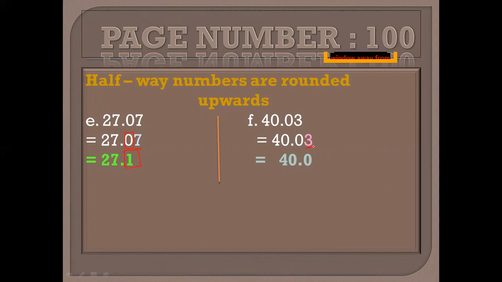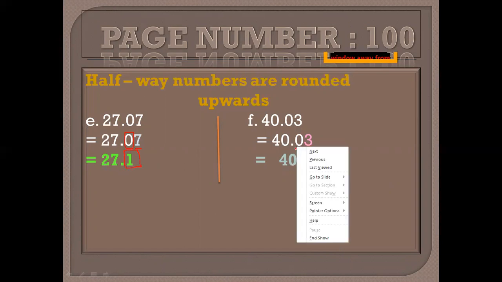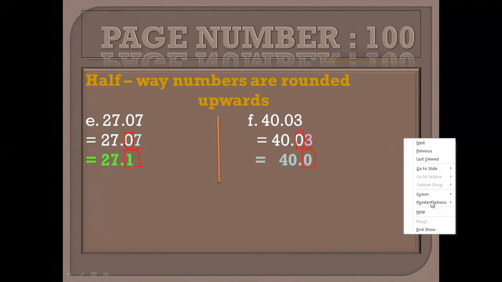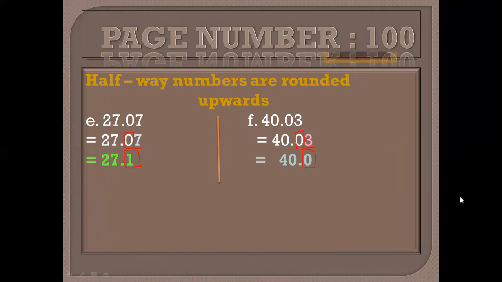The hundredths place is 3 and 3 is not a halfway number, it is less than 5. No need to change 0, it will be 40.0 because 3 is less than 5, so we cannot change 0 into 1. The answer will be 40.0.